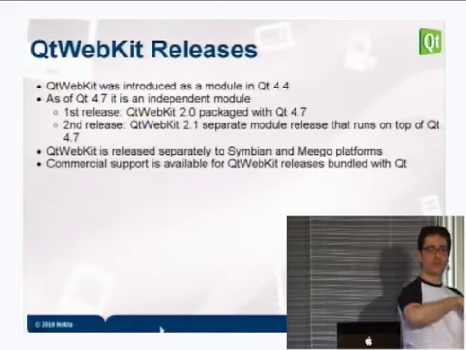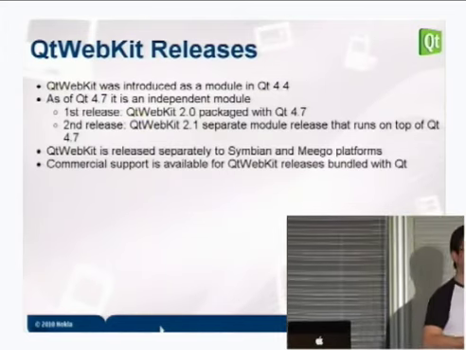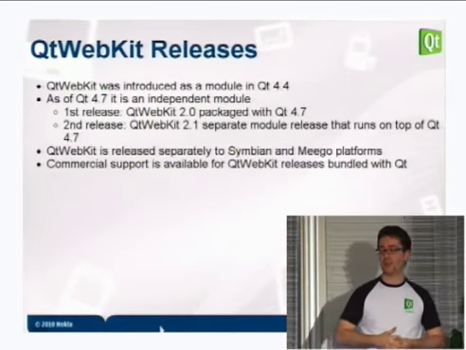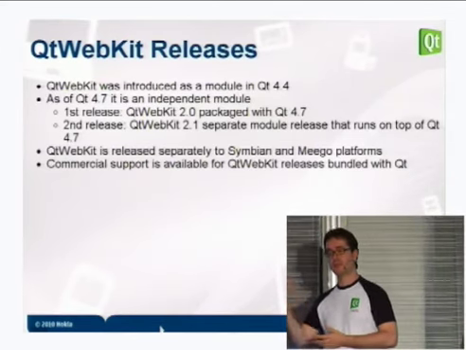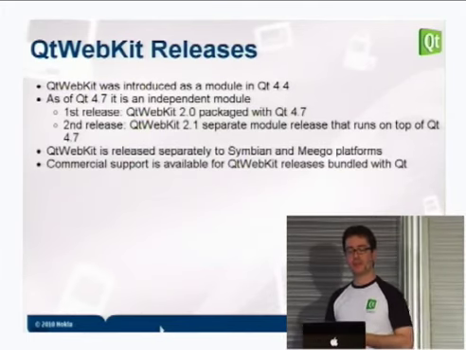So with all these features and all this package, it's important to know when you can get this into your hands, when you can actually start using this. And therefore, I'd like to just briefly go through the release model or the release history of Qt WebKit. We introduced Qt WebKit as a module in Qt 4.4, and we've been releasing it together with new minor releases of Qt that always came with a newer version of WebKit.